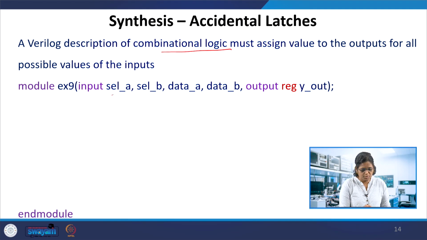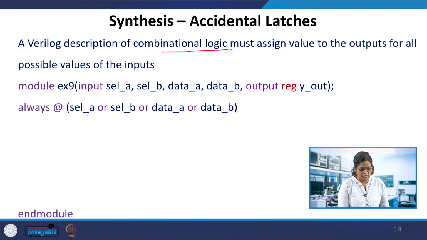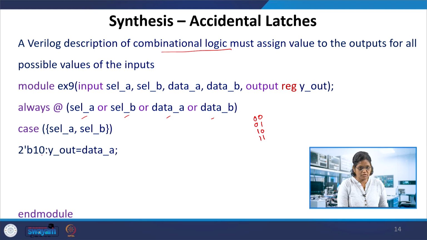So for example, inputs select A, select B, data A, data B, and output reg y out. So always at the rate, there are 4 inputs here. Case statement, select A and B with the concatenation operator. Select A and B are 1 bit each, so it will have the combinations 0 0, 0 1, 1 0 and 1 1. Here you have the 2-bit 1 0.